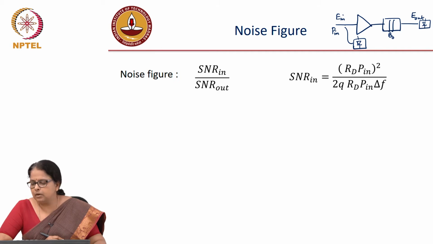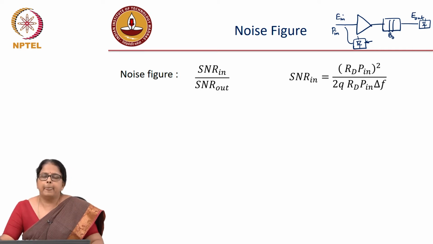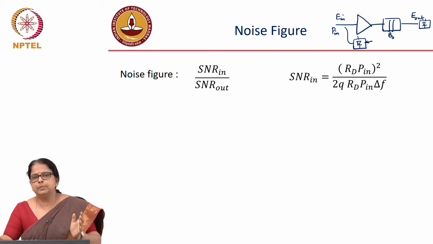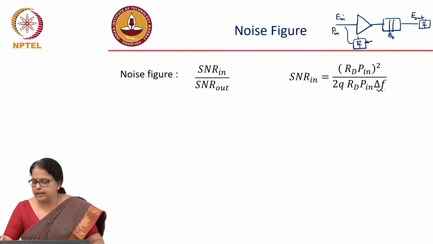Signal power is now RD square P in square, and noise power is simply the shot noise in the detector. So that is 2q RD P in delta F, where delta F is the electrical bandwidth now. Why electrical bandwidth? Because now you are talking about the bandwidth of your detector. You will have an optical filter, but finally the shot noise is only what is perceived by the detector bandwidth. So delta F is the detector bandwidth.